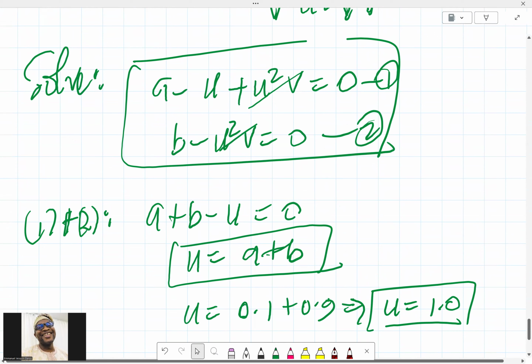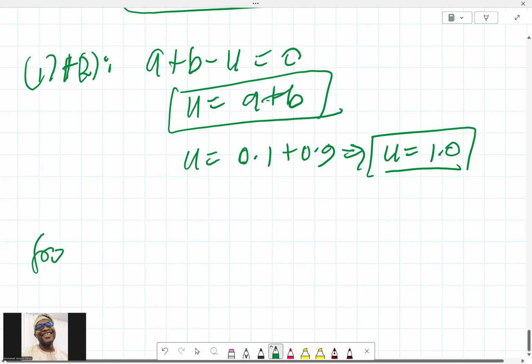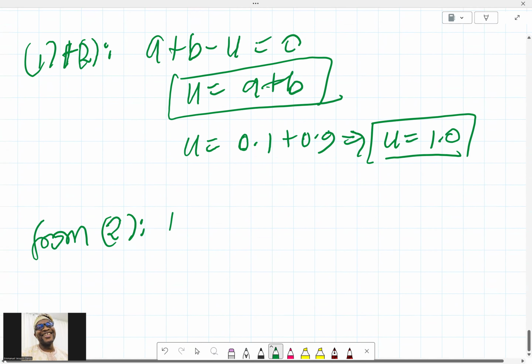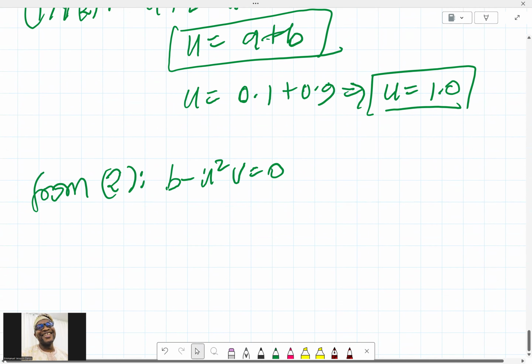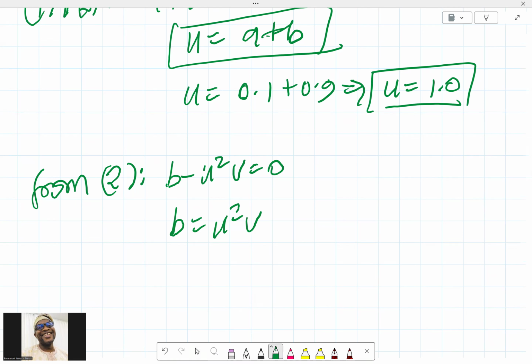We can take any of the equations, let's say equation 2. From equation 2, we have b minus u squared v equals 0. So b is equal to u squared v.